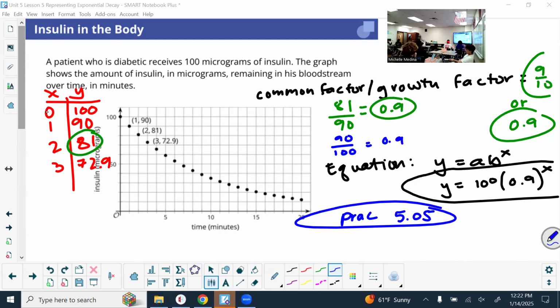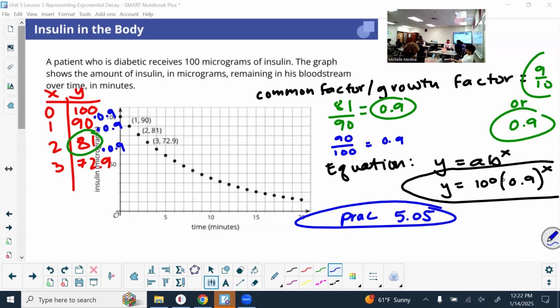It's like you're doing the opposite to figure out what times 100 gives me 90, then 72.9, and then see if it's consistent throughout. 90 times 0.9, and I use the calculator, is 81. 81 times 0.9 is 72.9. So this is exponential. My common factor is 9/10 or 0.9. And my equation includes what I started with, my intercept, and my growth factor.